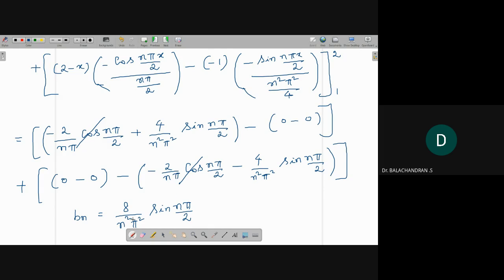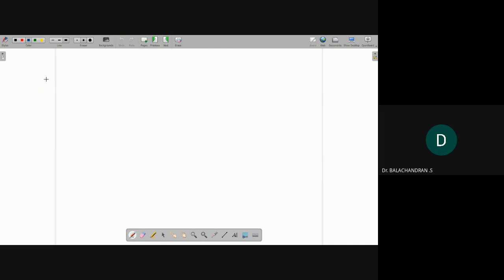So this is your function. When n is even, this is 0. Okay, n equal to 2, 4, 6, this is 0. So when n is odd, I just keep it as it is.